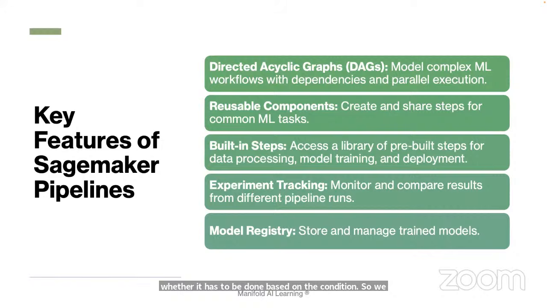And we can define the pipeline as a reusable component, and we can share the steps for common machine learning tasks. For example, I can create a step for pre-processing, and I can use that step in multiple pipelines as per my requirement. And with SageMaker pipeline, there's also a library of pre-built steps available inside SageMaker.